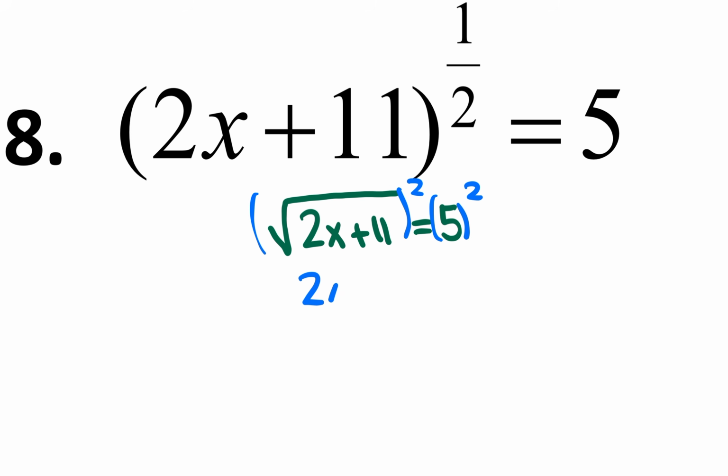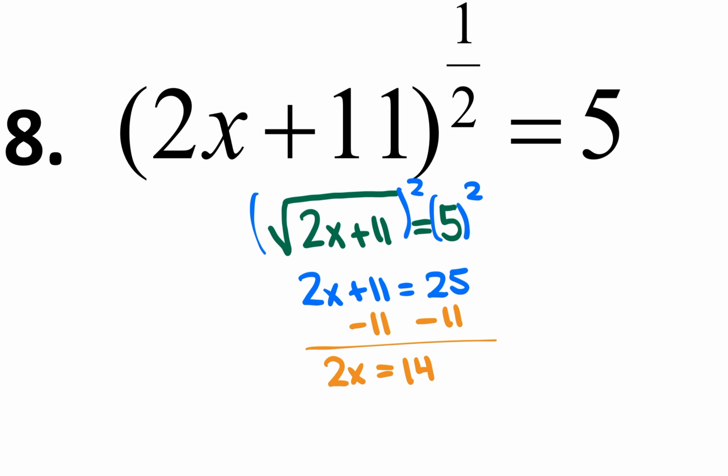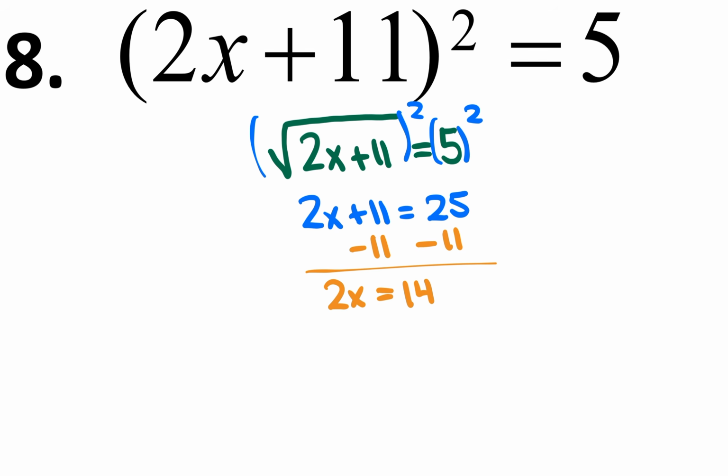This will leave me with 2x plus 11 is equal to 25. I will then subtract 11 on both sides. This will leave me with 2x is equal to positive 14. I will then divide both sides by 2, and this will leave me with x is equal to positive 7 as my final solution.